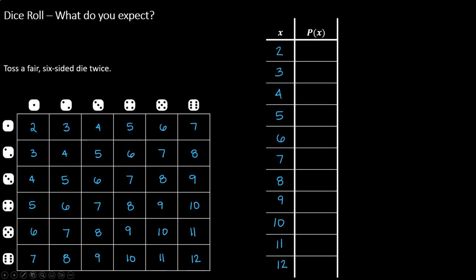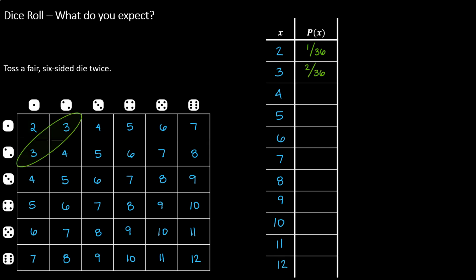We can make a probability distribution table to keep track of the various probabilities for each of the possible sums that we get from rolling two six-sided dice. So if we look, we can see that there's one possible outcome that gives us a sum of 2. And there's 36 total possible outcomes in the experiment. So we know the probability of getting a sum equal to 2 is 1 out of 36.